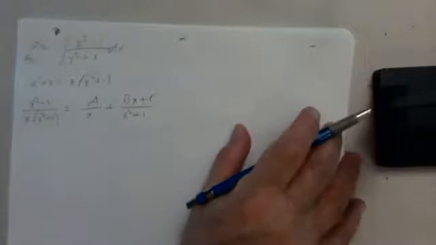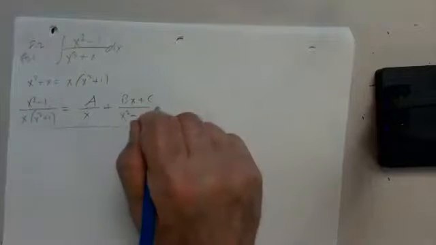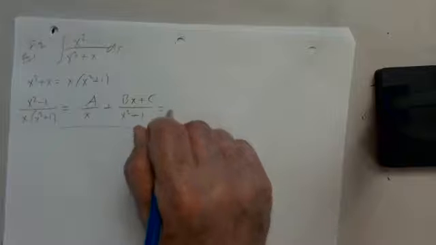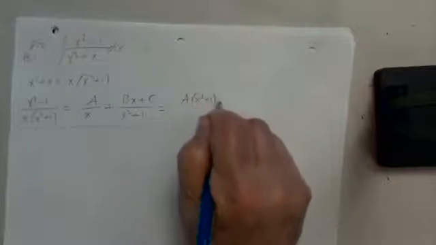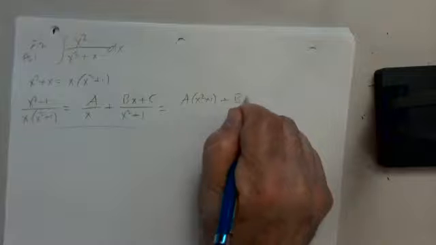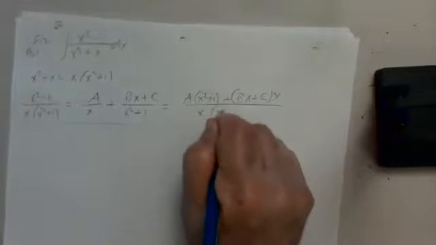That's part of the theorem on partial fractions. So there are numbers a, b, and c that satisfy this equation. If you put this over a common denominator again, this is a times x squared plus 1, plus bx plus c times x, over x times x squared plus 1.